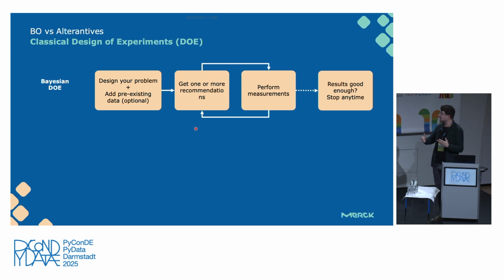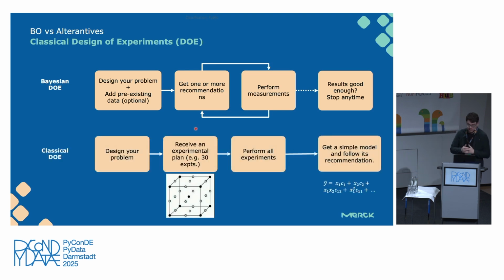This is actually, again, a point that might seem very obvious, but for the competitor of this method, it's not even possible to do that, at least not easily. So you can add your pre-existing data in Bayesian optimization. Then you go into this loop where you get the recommendation, you perform that recommendation. You look, if you're happy, you can stop your experiment, but if not, then just continue until you're happy or run out of budget.